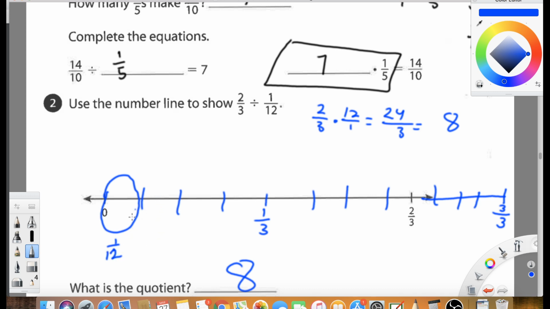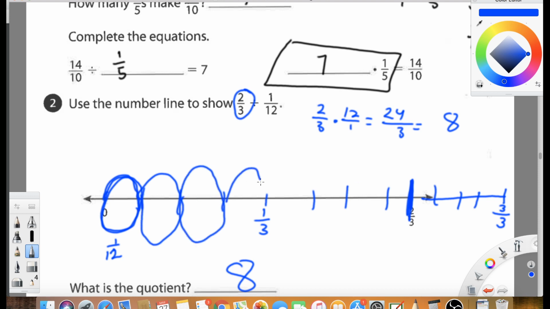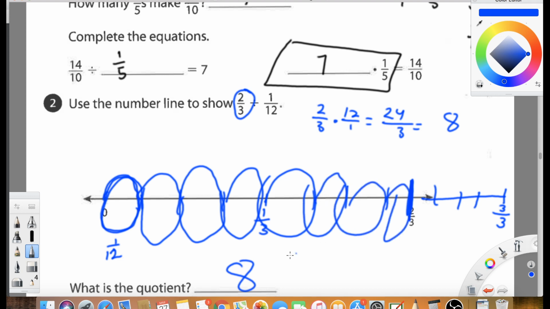So it's asking me how many 1/12s, so like this part right here, how many 1/12s are in 2/3? Here's my 2/3. So how many? 1/12, 2/12, 3/12, 4/12, 5/12, 6/12, 7/12, 8/12. My answer is 8, but that's how we would separate it by pictures.